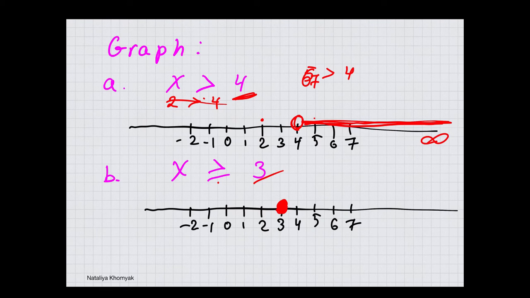Now let's check. If I, let's say, pick 0, is 0 greater than or equal to 3? No. What if I pick 6 to check? Is 6 greater than or equal to 3? Yeah. Here we go. All the answers all the way to positive infinity will be part of my answer.